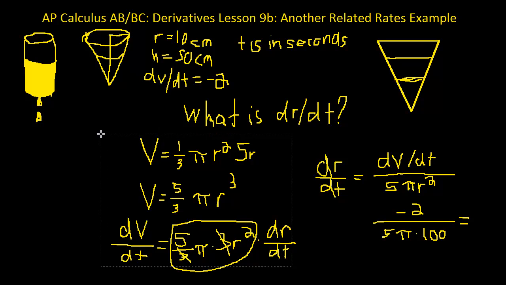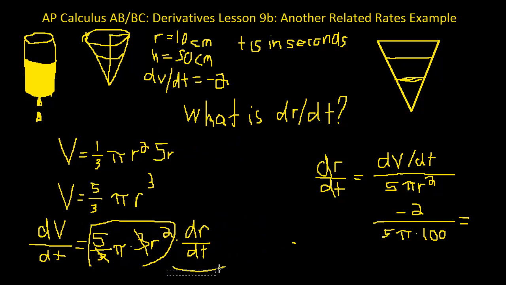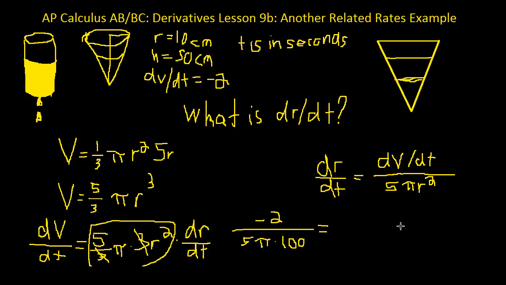I'll move this stuff over to get out of the way. Okay. So now that's equal to -2 over 500 pi. And we'll simplify it one more time, equals -1 over 250 pi.